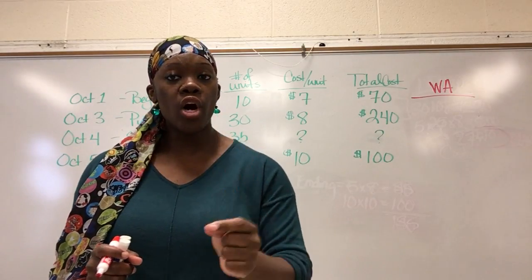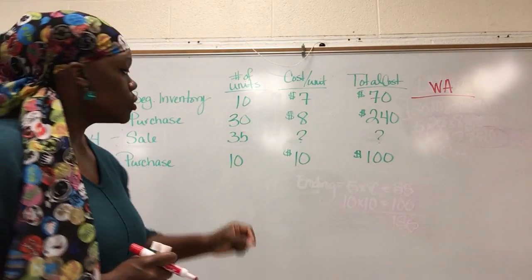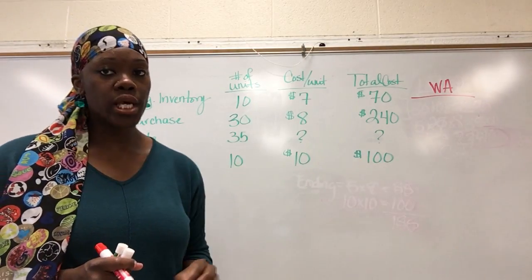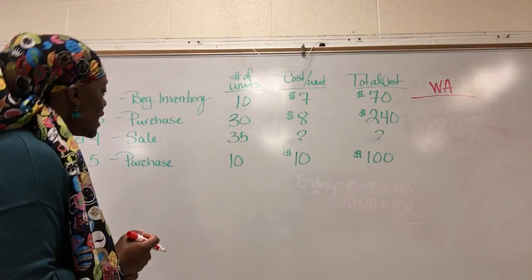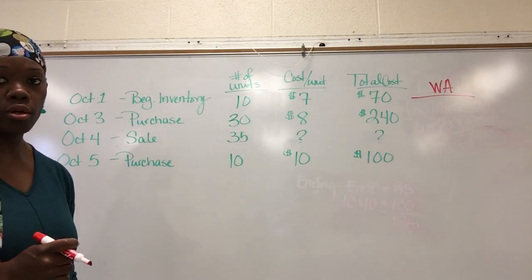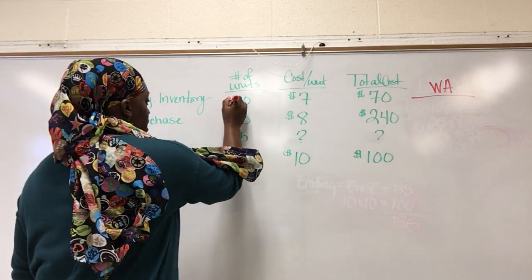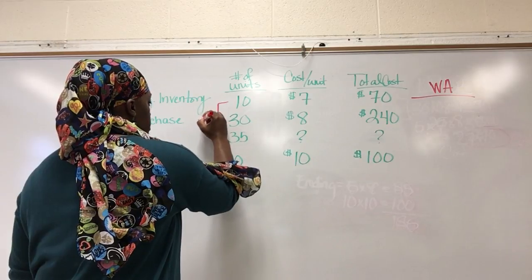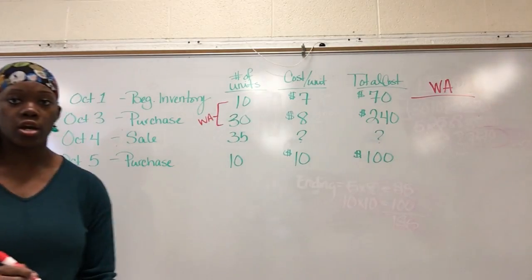So at every purchase, we're going to stop and do an average. Here we made a purchase on October 3rd, so because of this purchase, we need to do a weighted average right here.